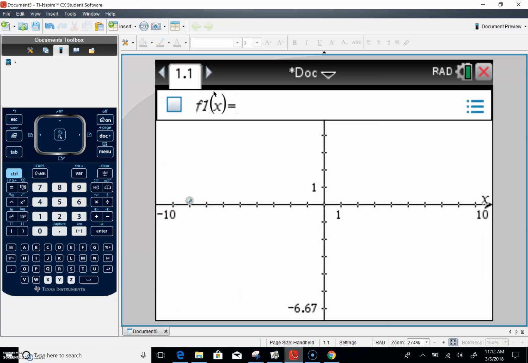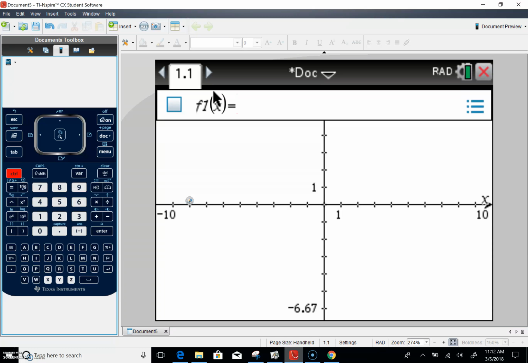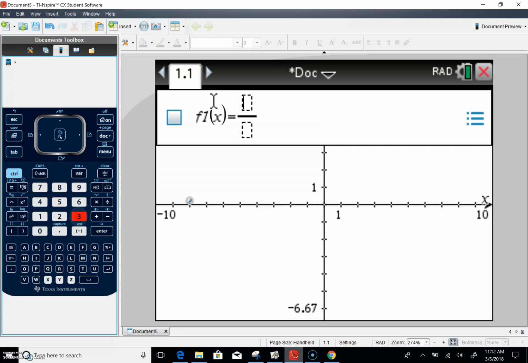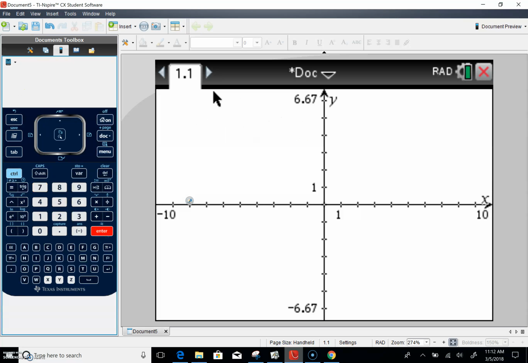No. I'm going to add a graph. Okay. Control divide. 3 over 4. Open parentheses. X plus 3. I'm going to just use my answers, okay? Plus 7. Enter.